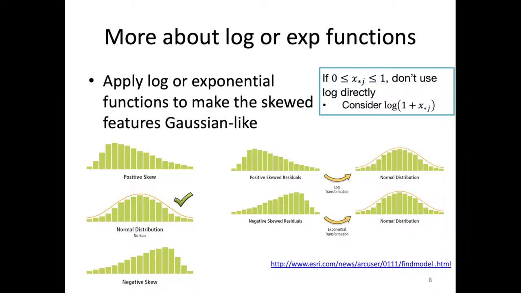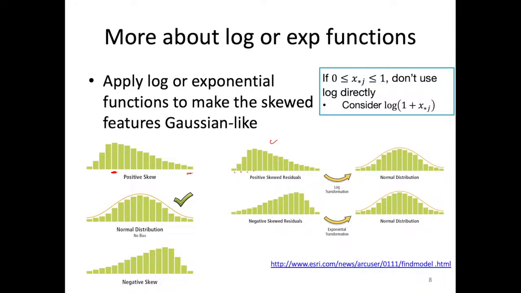If your feature is positively skewed, meaning that for a certain feature you have a lot of smaller values, but also a couple of very large values, then when you compute the log of all the feature values, the distribution will become more or less Gaussian-like.